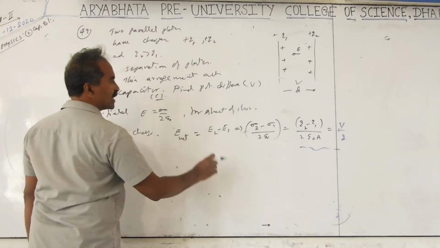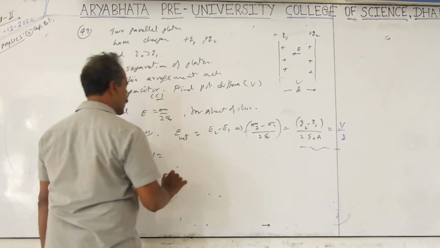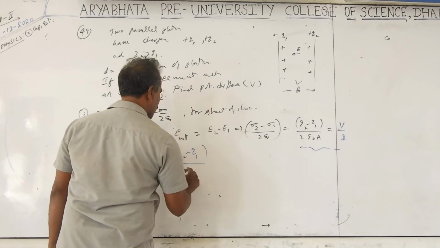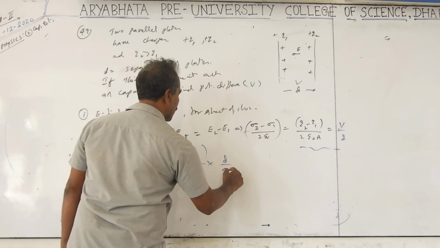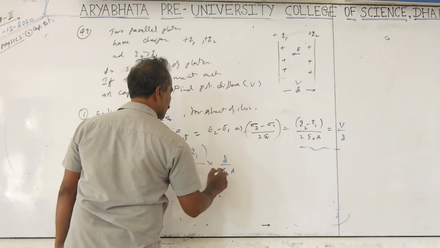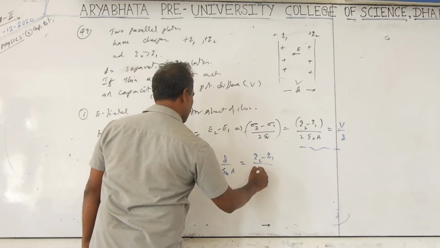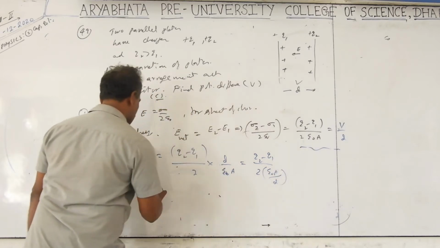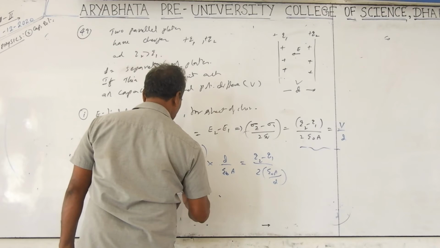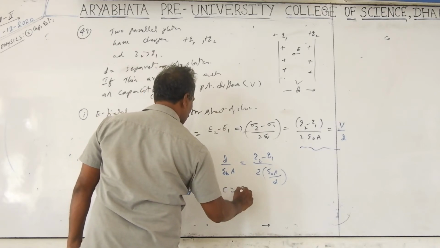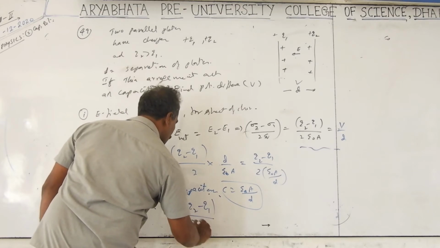So the capacitance formula is epsilon A by D. So V is equal to Q2 minus Q1 by 2 into epsilon naught A, times D, that is, by epsilon naught A by D. But the capacitance of a parallel plate capacitor is C equal to epsilon naught A by D. Therefore, V equal to Q2 minus Q1 by 2C is the answer.